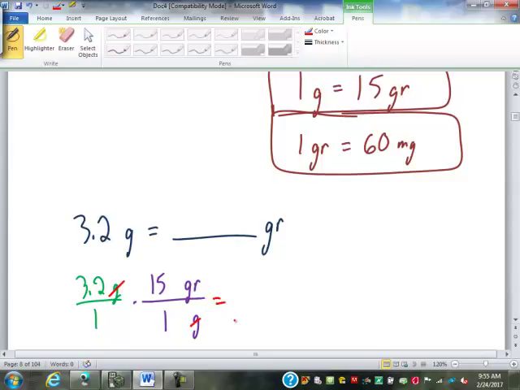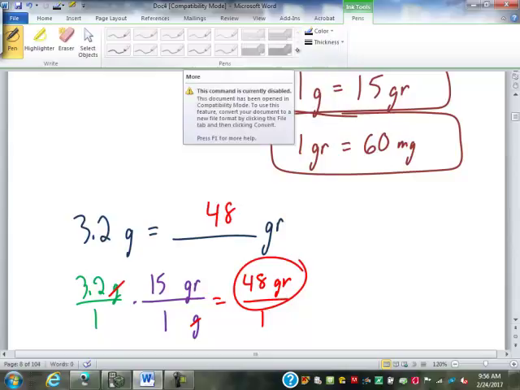The grams cancel out. 3.2 times 15 is what? 48. Grains over 1 are just 48 grains. Any questions? Okay.